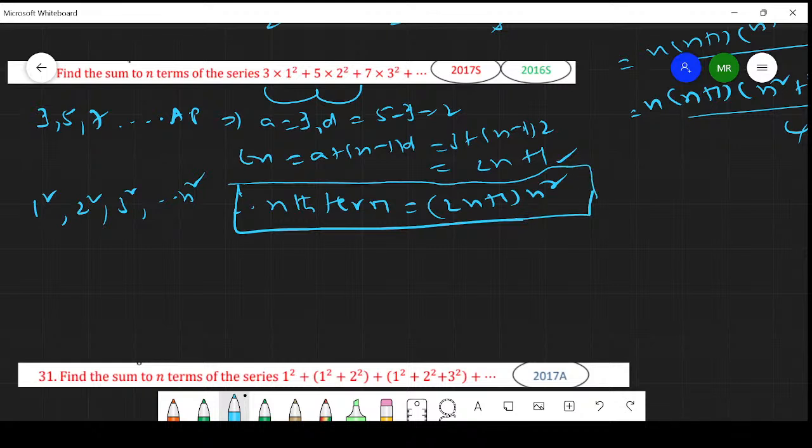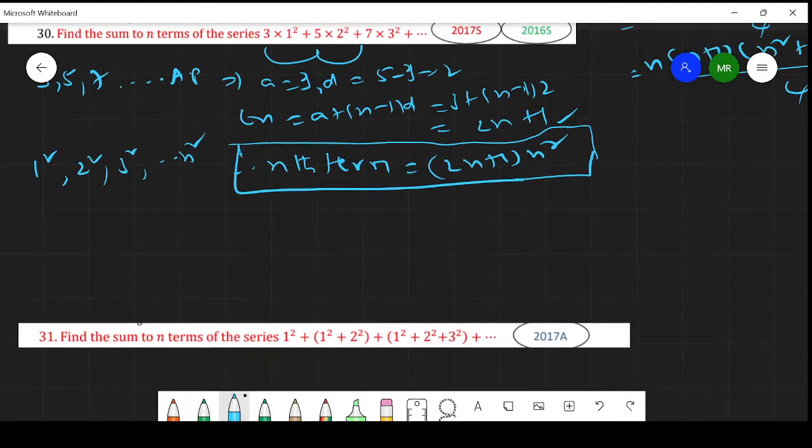Right. Now we will find sigma. Again find Sn is equal to sigma of nth term of this. I can expand this one. If I simplify, this will become 2n cube plus n square.